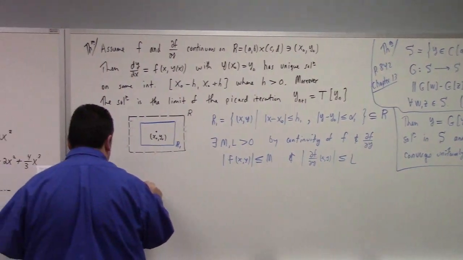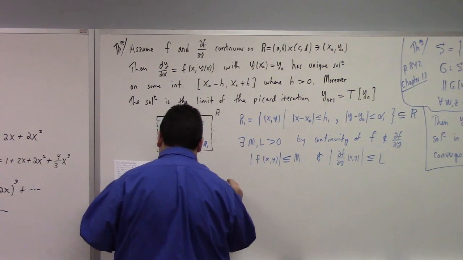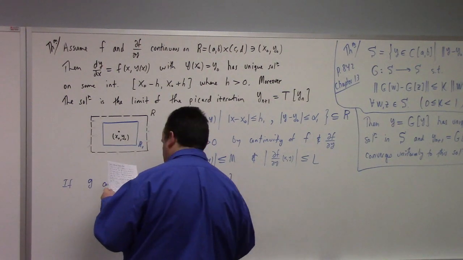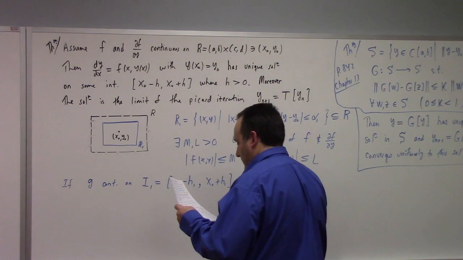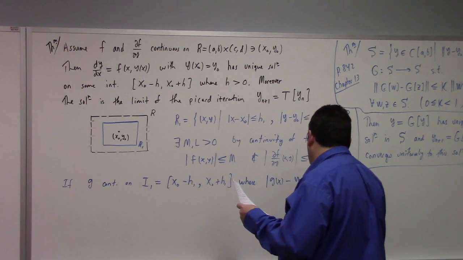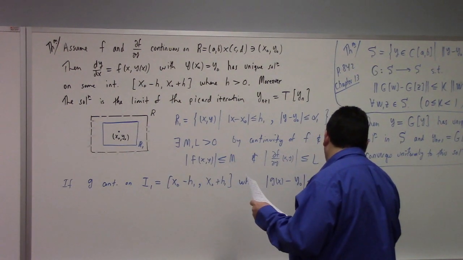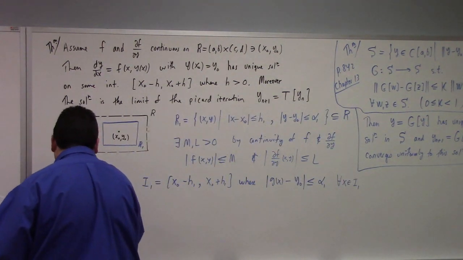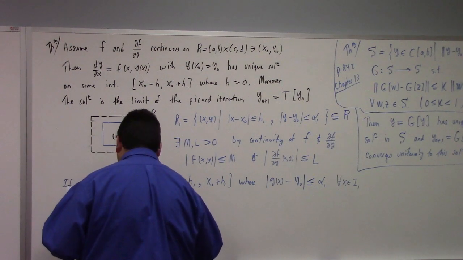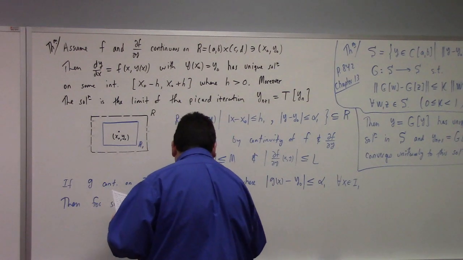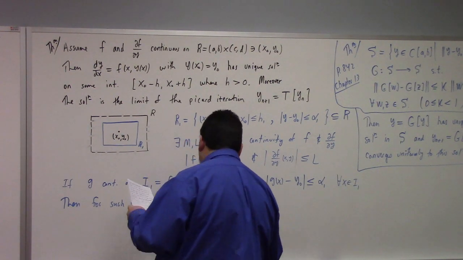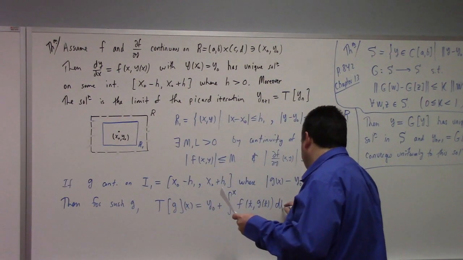If you have G continuous on I1 equal to x naught minus h1 comma x naught plus h1, where the absolute value of g of x minus y naught is less than or equal to alpha 1 for all x in I1, then for such G, we have T G of x equal to y naught plus the integral from x naught to x of f of t comma g of t dt, right?